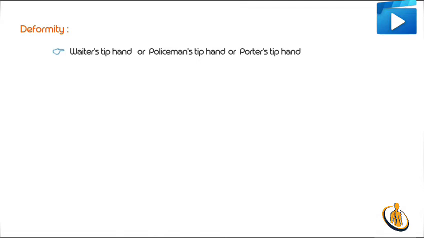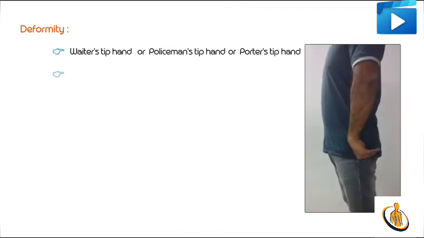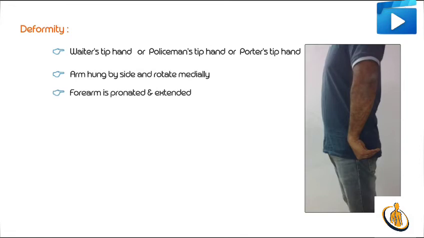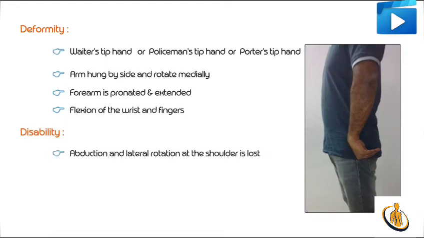So the typical deformity, if you see this image: the arm hangs by the side and rotates medially, the forearm is pronated and extended, and there will be flexion of the wrist as well as the fingers. Because of this, the disability is mainly seen as loss of abduction and lateral rotation at the shoulder.